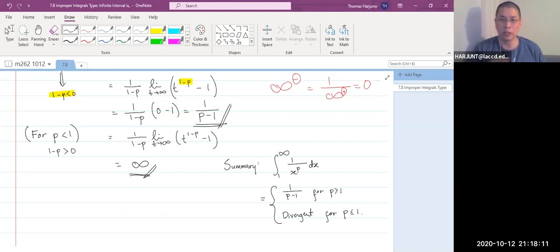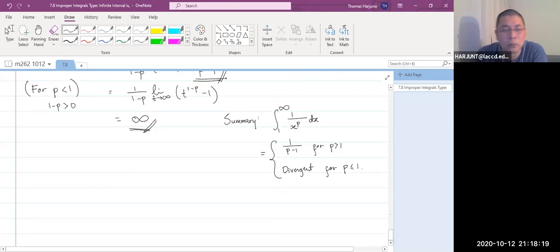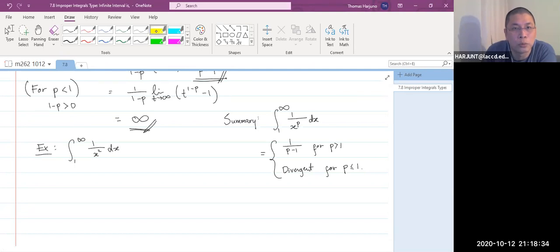Let's try to imagine. I wonder if there's a way for me to graph that. Nice. So let's say for example, integral from 1 to infinity of 1 over x squared dx. Now notice the p here is 2, right?